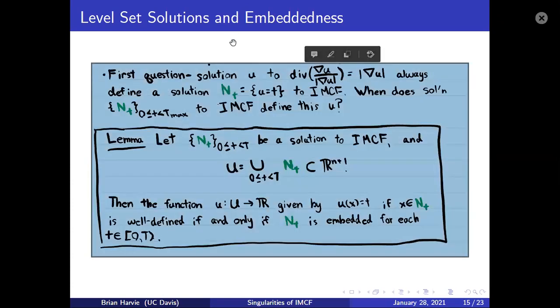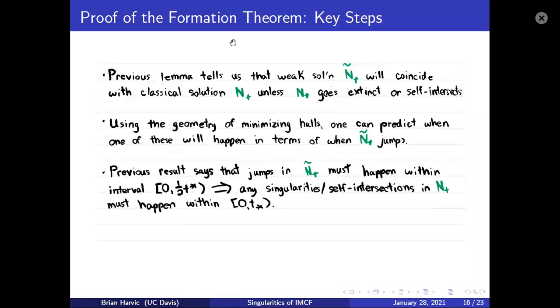Okay, and why is that useful? So basically, what this tells you is that the only way that the weak solution doesn't correspond with the classical solution is either if the N_t go extinct or if they fail to remain embedded.